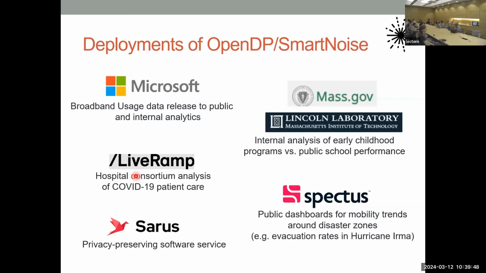We've had several production uses of OpenDP so far. Some are public data releases: a nationwide data set about broadband usage in the United States released by Microsoft, hospital data on hospital stays during COVID-19 by Data Fleets and LiveRamp, public dashboards for evacuations after a hurricane by Cubic and Spectus, and then a number of less public uses of OpenDP.